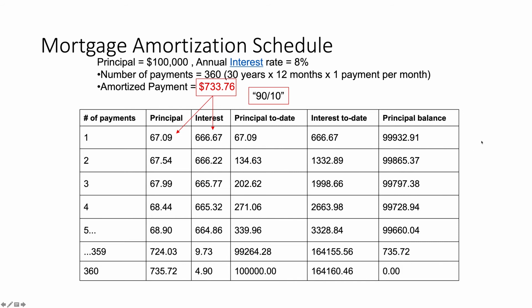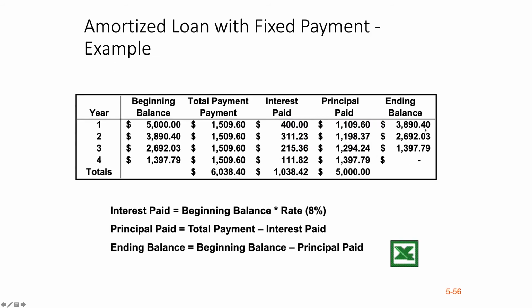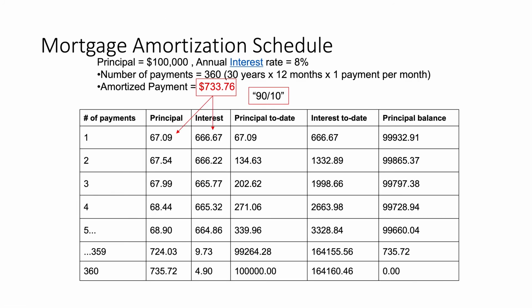Now, let me jump to almost the last payment, after like 359 payments. You still pay 733.67 every month, but the balance becomes smaller in the second half of your payment schedule.